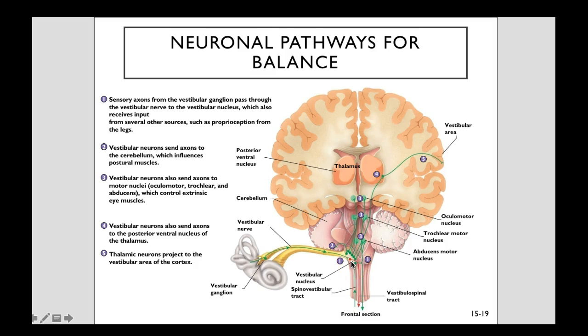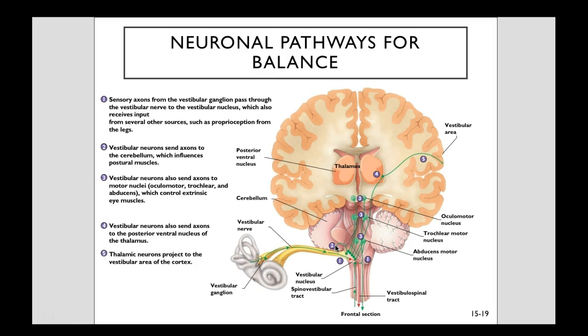So areas from our legs are also coming over to this region over here known as our vestibular nucleus. We are then going to send information to our cerebellum, which will influence our postural muscles.